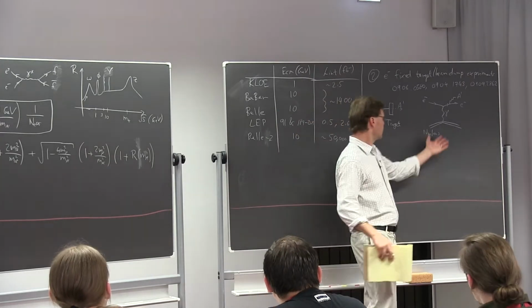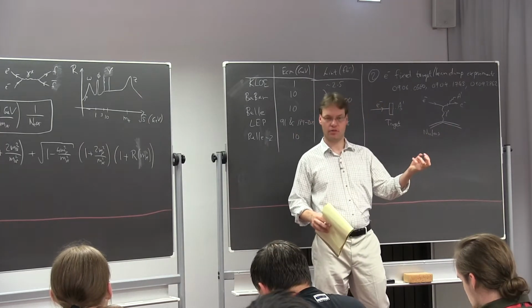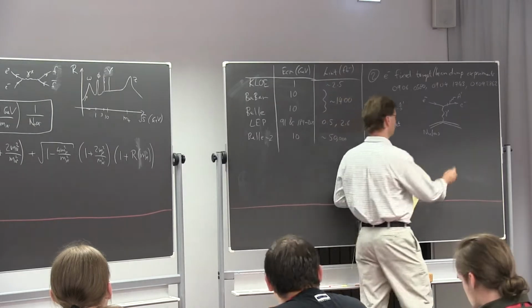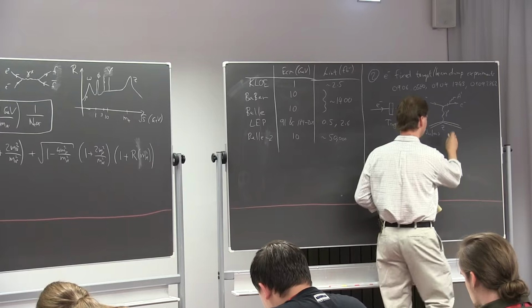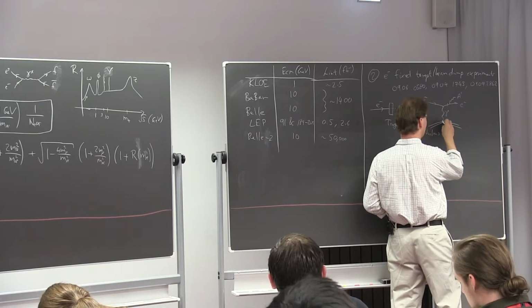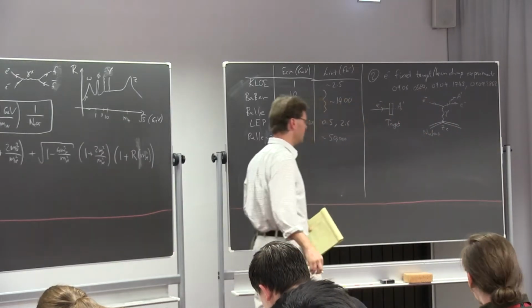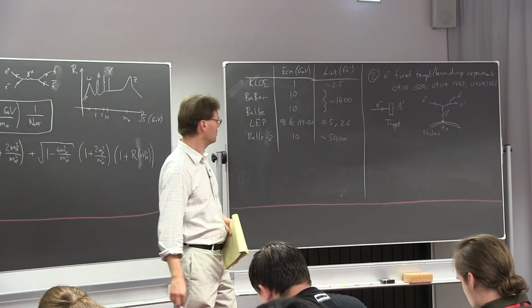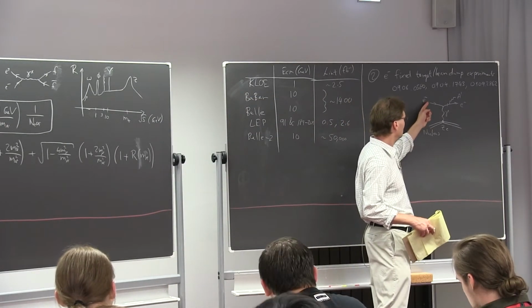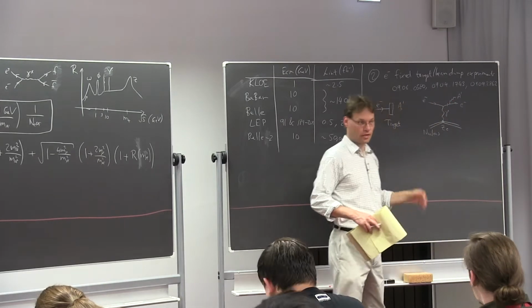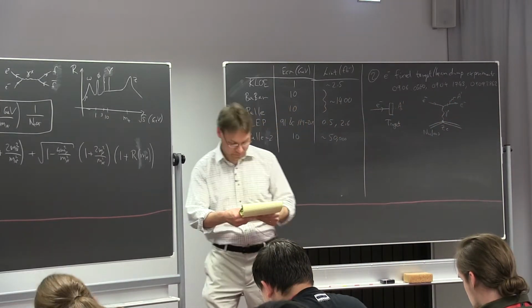And the nucleus, of course, has some charge Z, depending on what you use, it's different atomic numbers. So the coupling here, roughly, is Z times the electron charge. That's the photon coupling to the nucleus. And then you can radiate the dark photon like this. So that's one possible diagram.